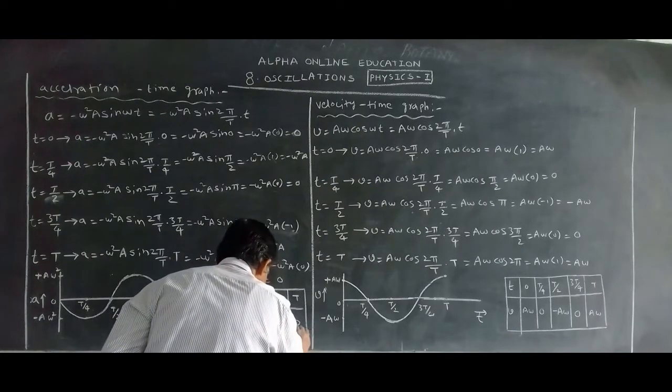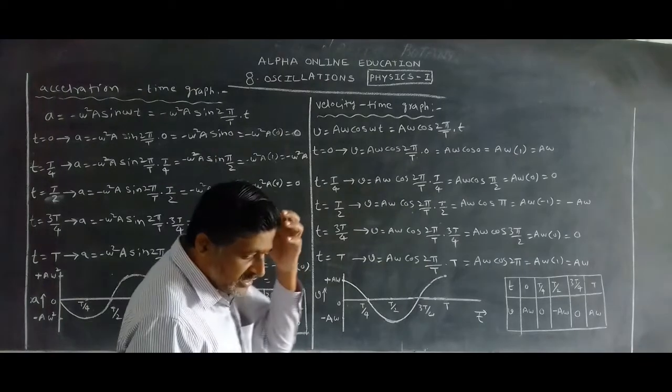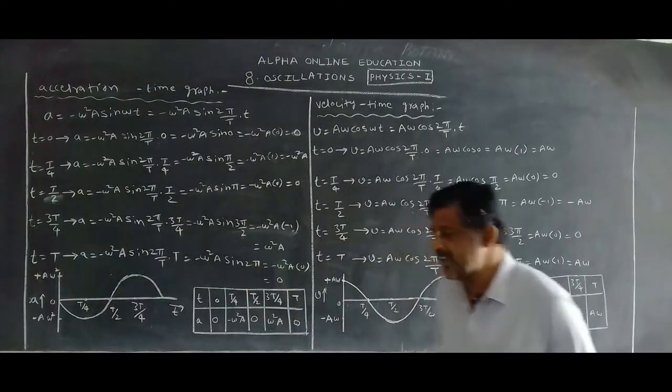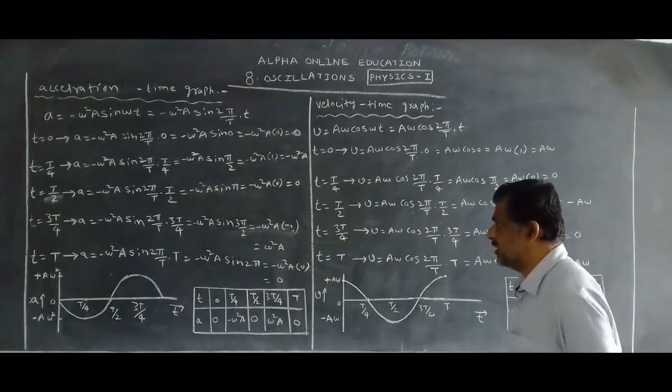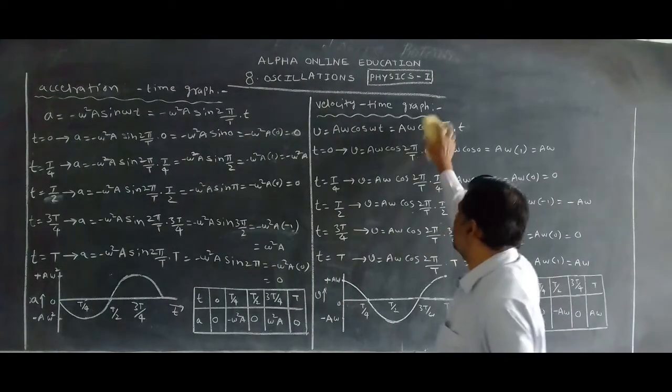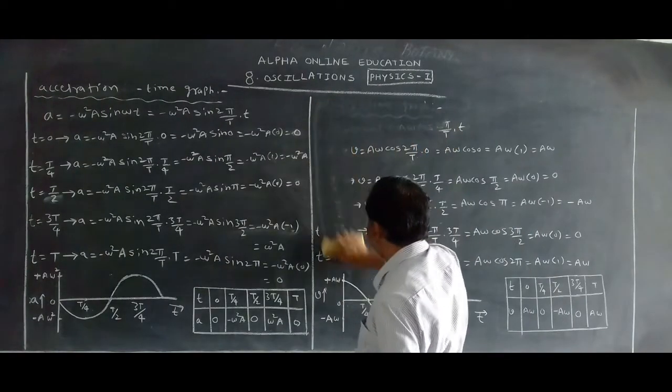It means the displacement time graph is called a sine curve. Velocity time curve is called a cos curve, and acceleration time curve is also called a sine curve, but it is in the opposite direction.